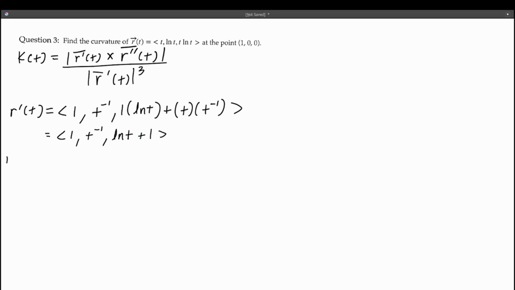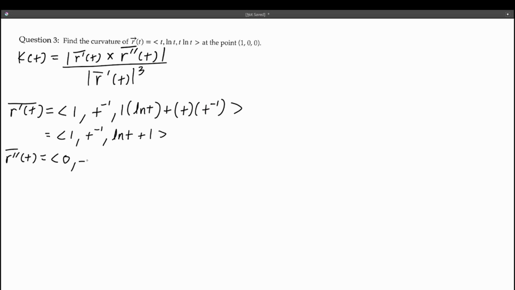Now we just find our r double prime of t. Forgive me if I keep forgetting to put the line over to put these in vector notation. It's a bad habit of mine, but pretty sure it's understandable enough that it's not inhibiting this video. So for r double prime of t, we take the derivative of r prime t, and derivative of 1, well, that would be 0 because 1's a constant.